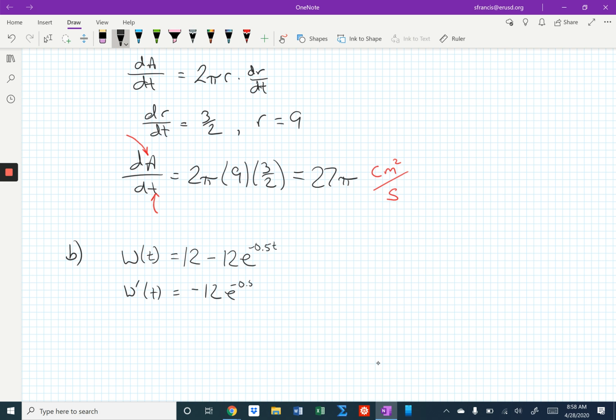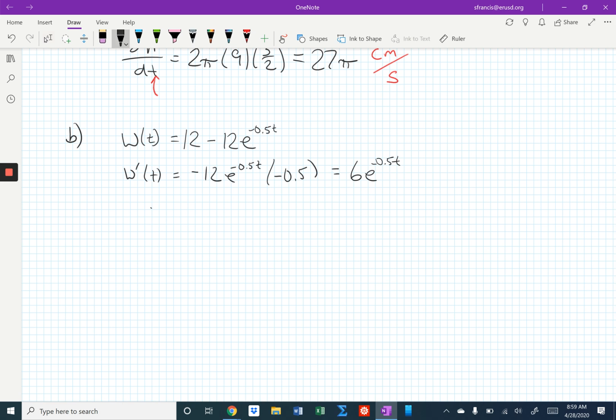Exponential is its own derivative, but we have to apply the chain rule, so we multiply by the derivative of the inner function. Then the negatives cancel, and half of 12 is 6. So this works out to be 6e to the negative 0.5 t. And we want to know when that is equal to 3.